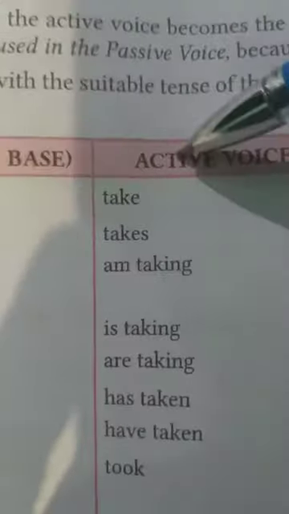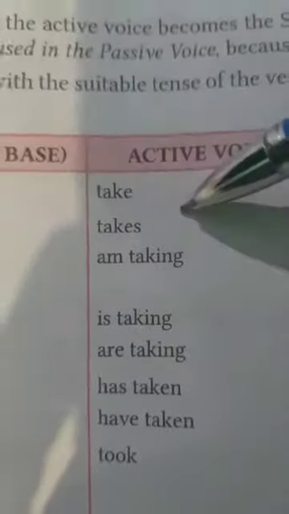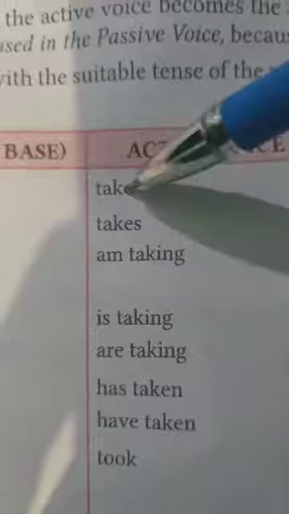Once more I would like to tell these two sentences. Suppose the sentence is I take your pen, and then she takes your pen. There are two sentences, and in both there is a difference of subject.